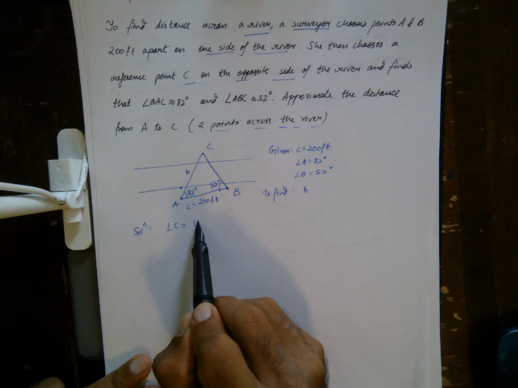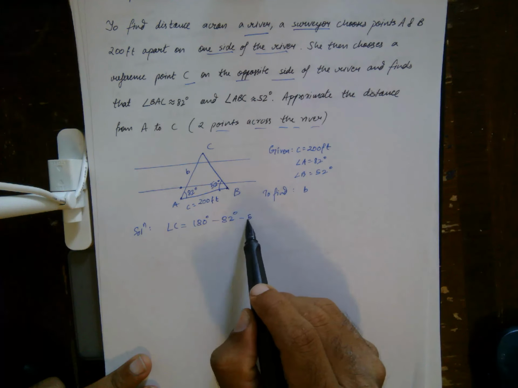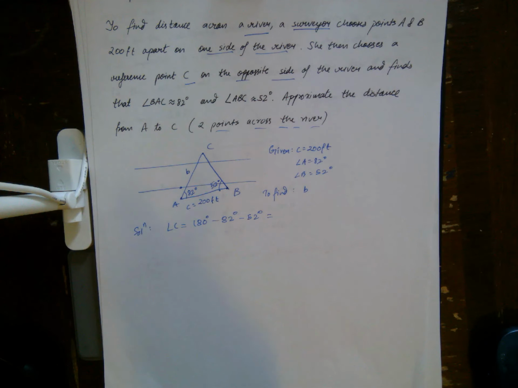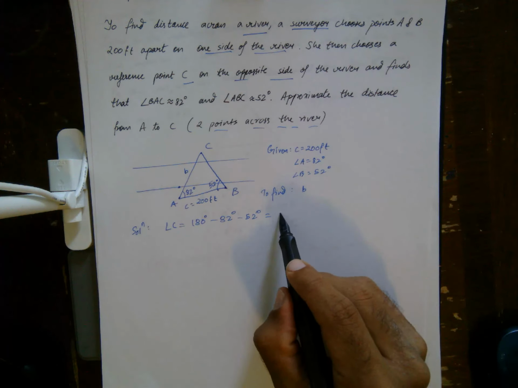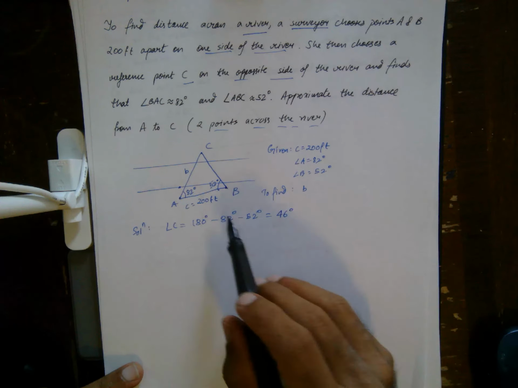Angle C, because it's a triangle, is going to be 180 minus 82 minus 52, 46 degrees. So now I know an additional thing.